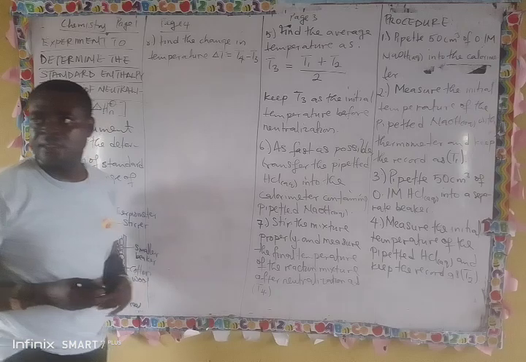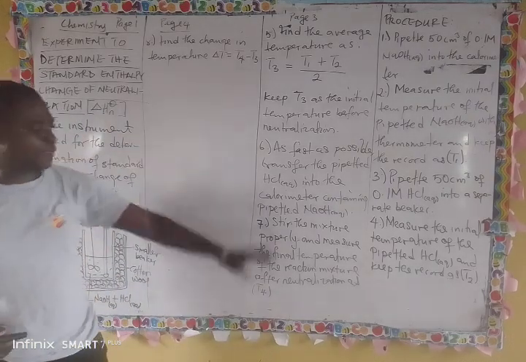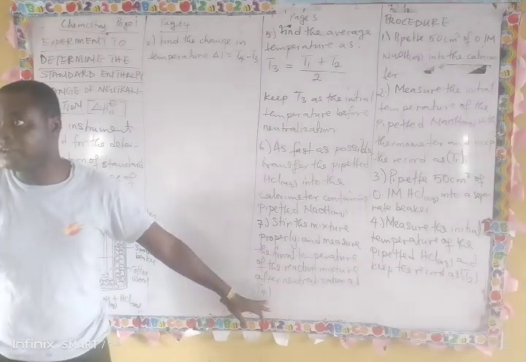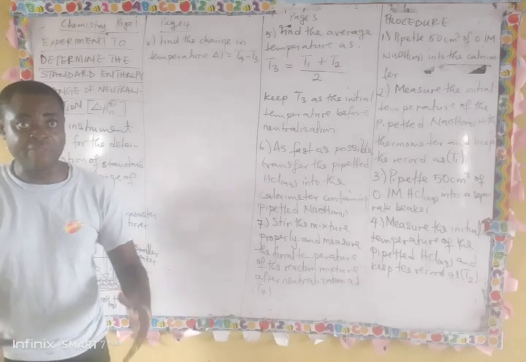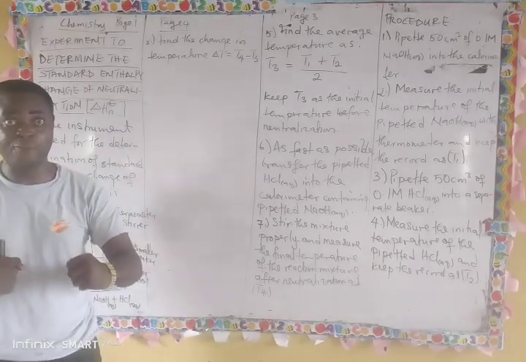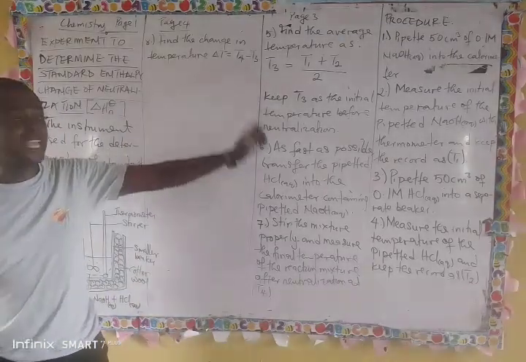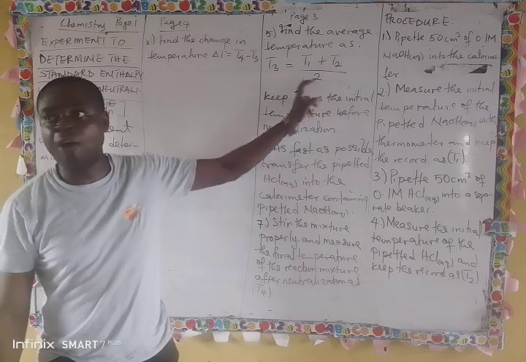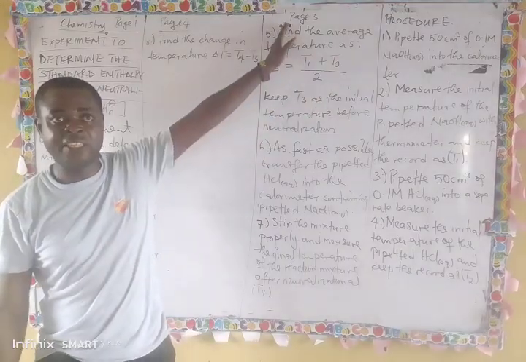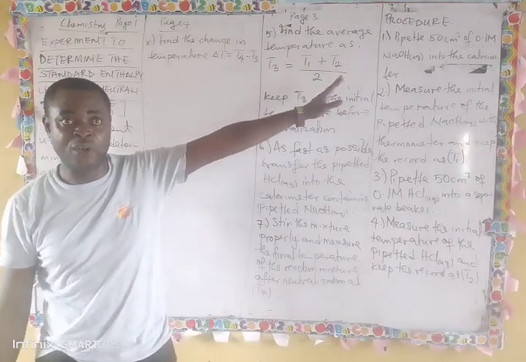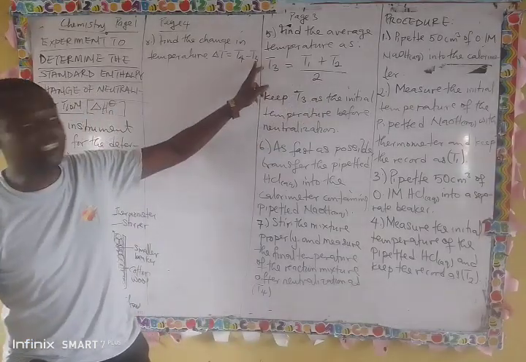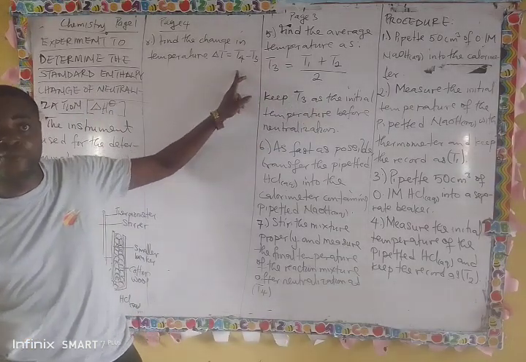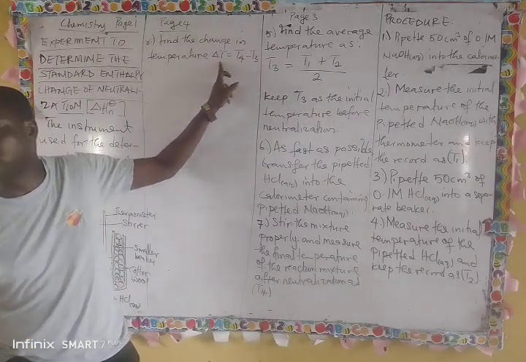Any question on that? T4 is your final temperature. After the reaction, the thing is now warmer than before. Then the initial temperature is the mean of the temperature of HCl and the temperature of NaOH that you have got; that mean value is T3. It's not going to be as hot as T4. So take it away from here, you get your temperature change.